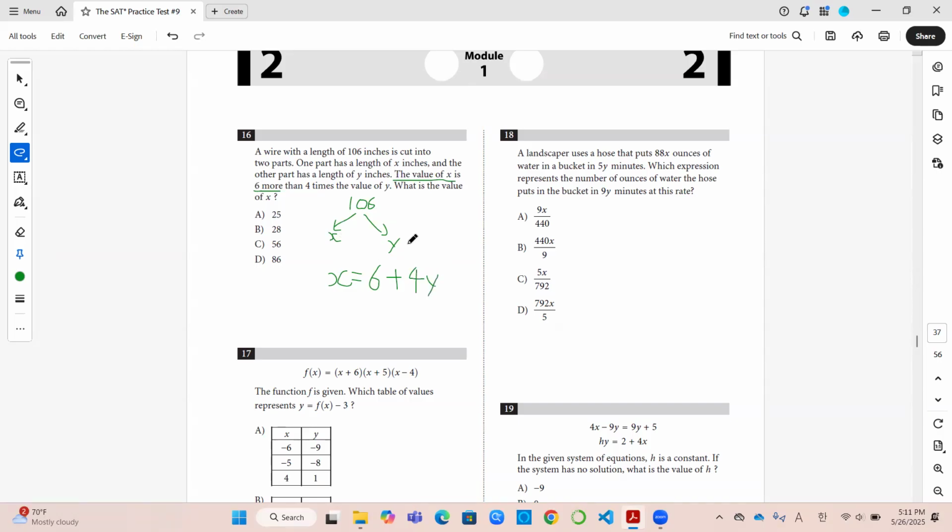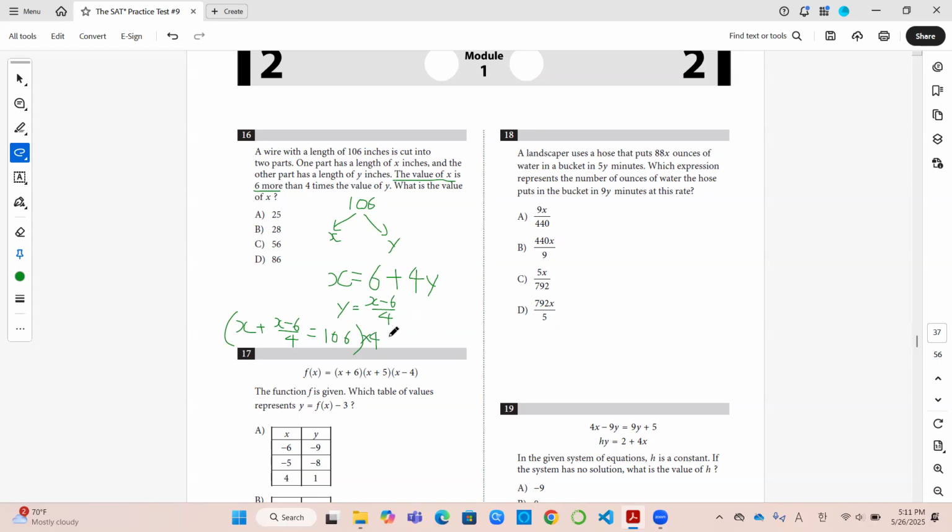Okay. And we know that x plus y is equal to 106, right? So I'm going to go ahead and rearrange this into the form of y equals. So y equals (x minus 6) divided by 4, so x plus (x minus 6) over 4 is equal to 106. And I want to get rid of the 4 here, so I'll multiply all of this by 4.